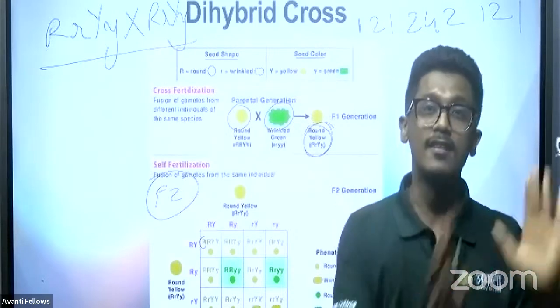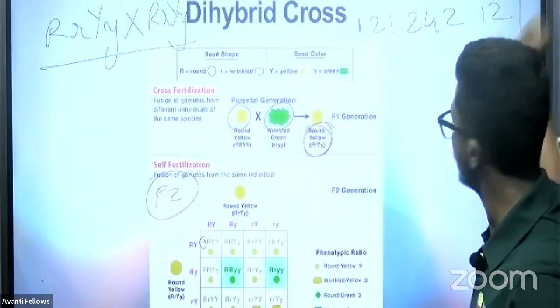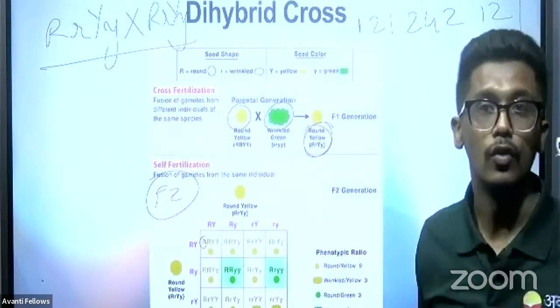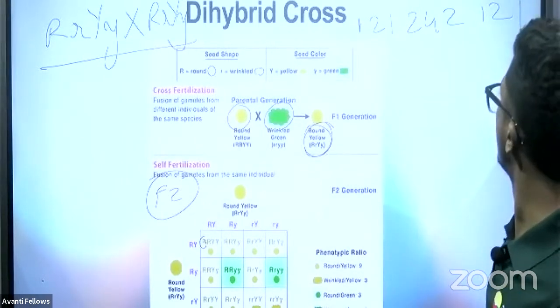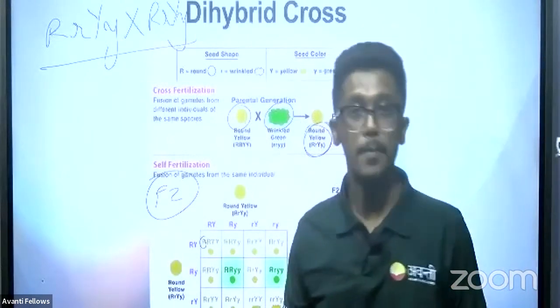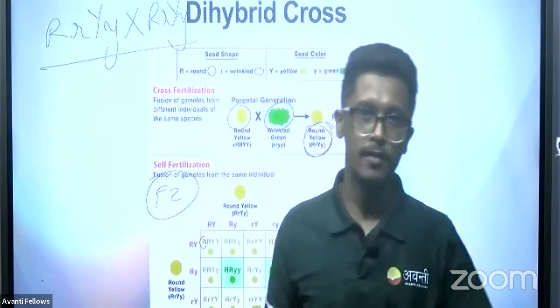So whichever have the same combinations, we put them in groups like 2, 2, 4, 2, 2. Whichever are unique come as 1, 1, 1, 1. So the genotypic ratio of a dihybrid cross will be 1:2:1, 2:4:2, 1:2:1. Very easy way to recognize and remember this. Please remember 1:2:1, 2:4:2, 1:2:1. As simple as that. Agree?